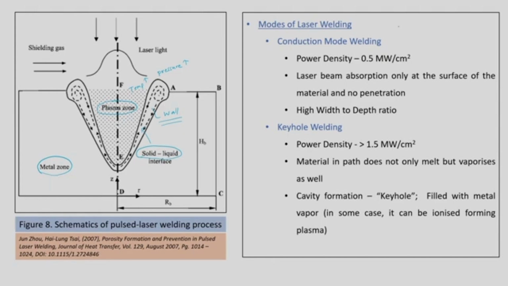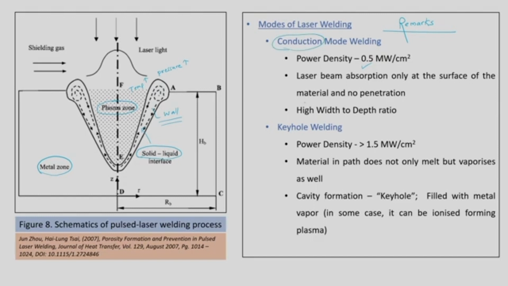So, these are the remarks basically about the modes of laser welding. As we have already seen, the power density should be around 0.5 megawatt per centimeter square as far as the conduction mode of welding is concerned.